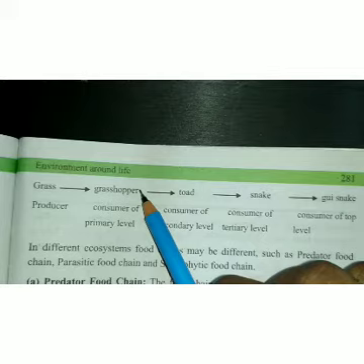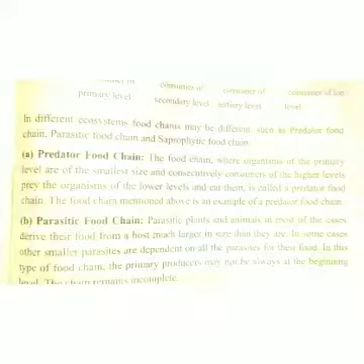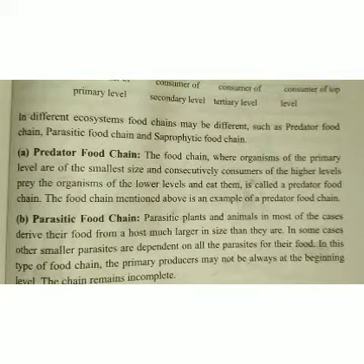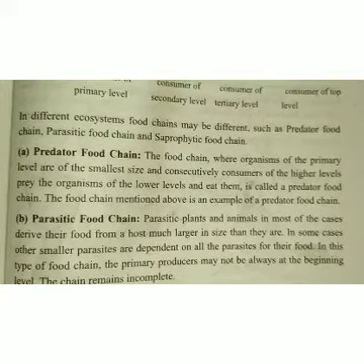In different ecosystems, food chains may be different, such as predator food chain, parasitic food chain, and saprophytic food chain. And now, the predator food chain.